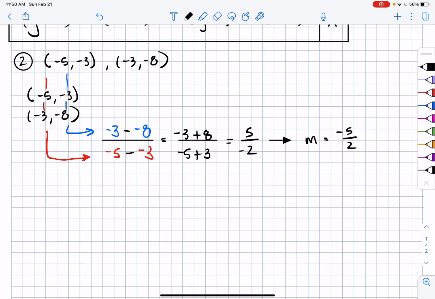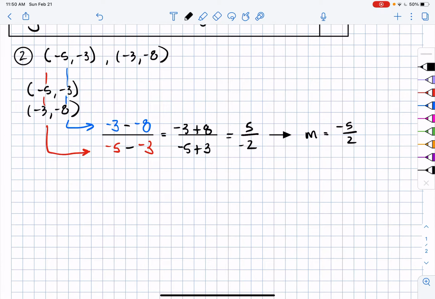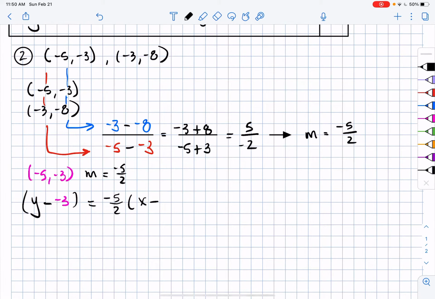All right, so again, I'm going to use the first point here, which is negative 5, negative 3, and the slope is negative 5 halves. So I have y minus a negative 3, because that is my y value, is equal to negative 5 halves times x minus a negative 5.